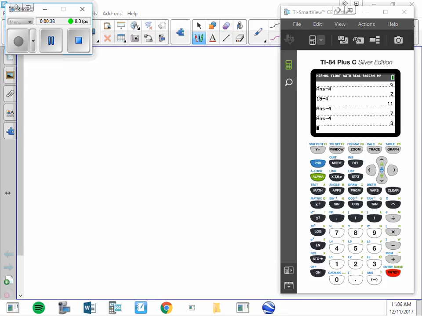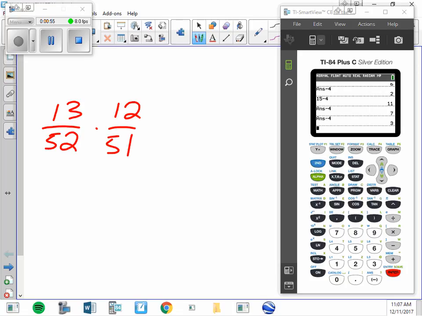Find the chance that the first card is a heart and the second card is a heart. So the first one, there are 13 hearts and 52 cards. We're going to multiply that by 12 out of 51.